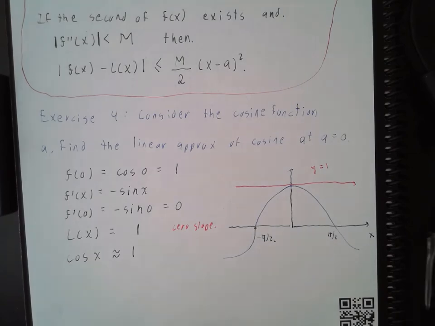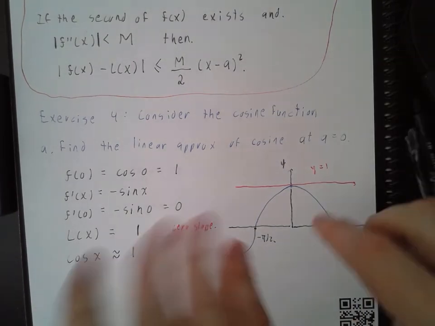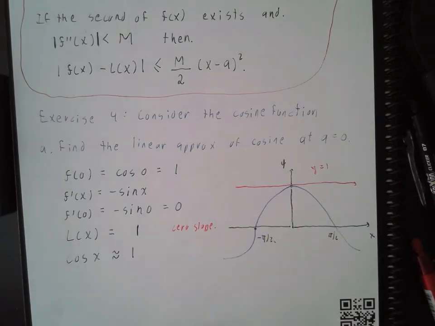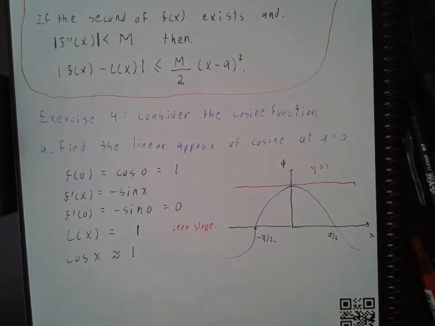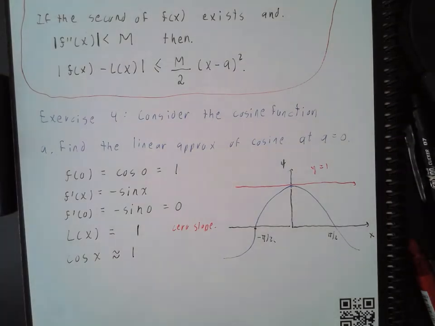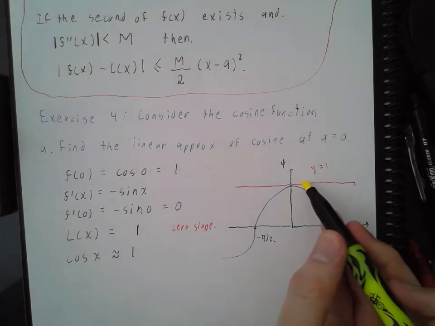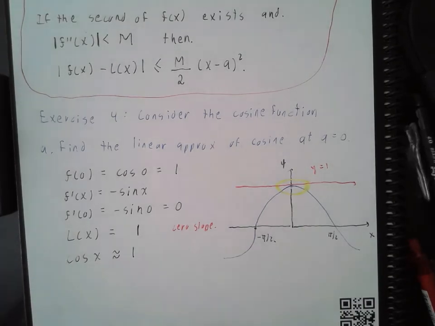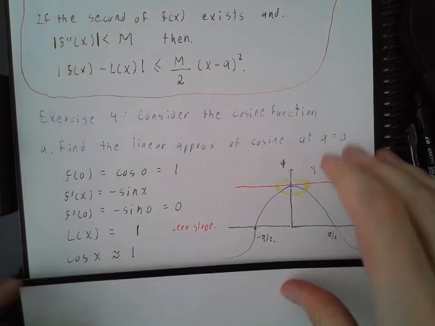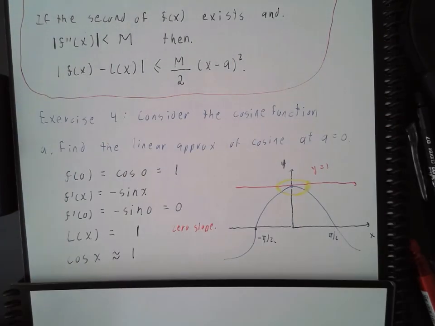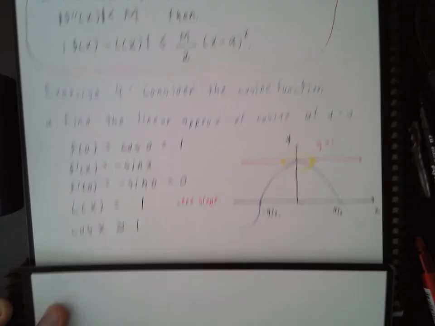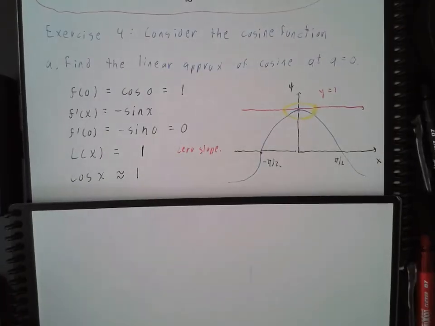I'm not going to continue drawing the rest of cosine, because already over here we can see that the approximation breaks down very quickly. So obviously this is not the best approximation, but still, near x equal to 0, the approximation seems to work. So we can use this result to estimate how accurate our linear approximation is going to be.